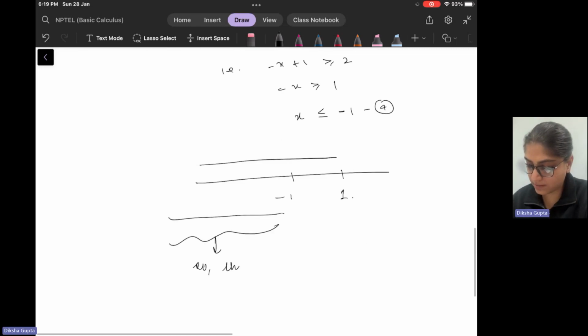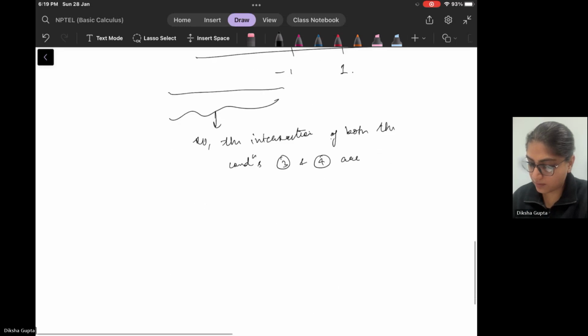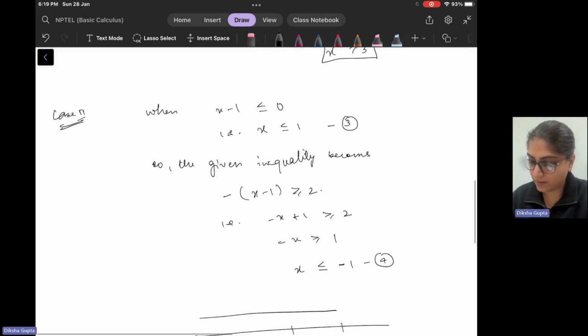So the intersection of both the conditions 3 and 4 is x less than equal to minus 1, right?